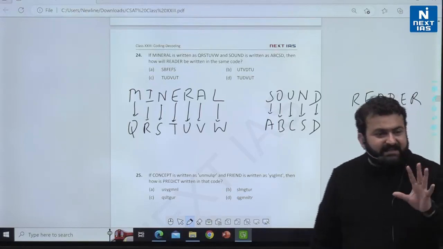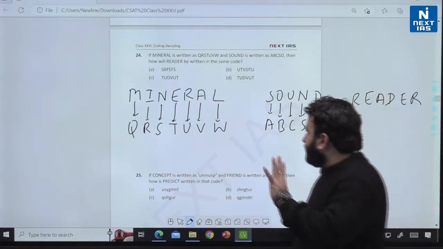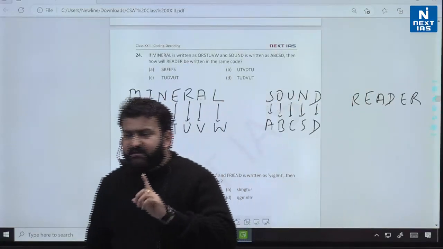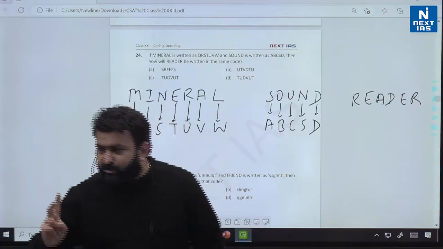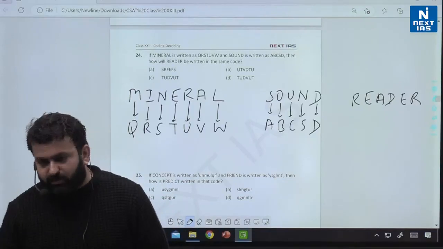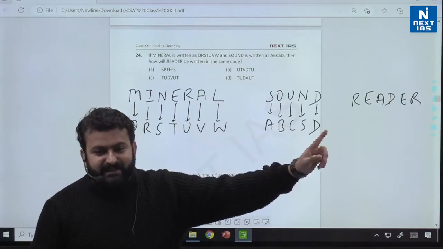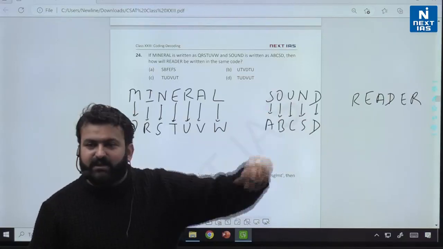So now here in this case, listen carefully. Whenever 2-3 words are given, and their codes are given, in that case we don't follow the earlier thing where you find out the pattern.